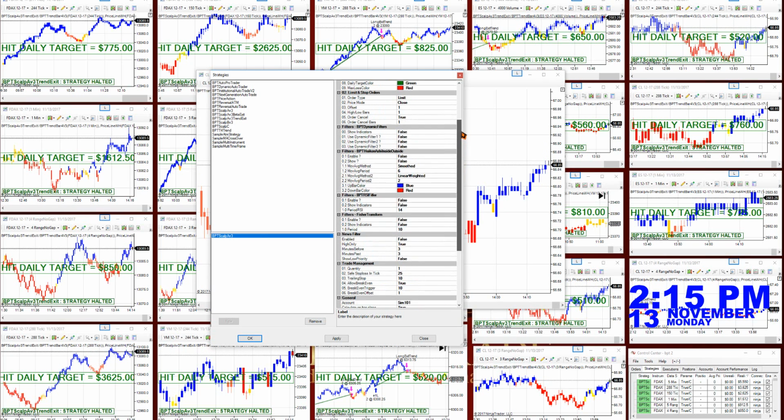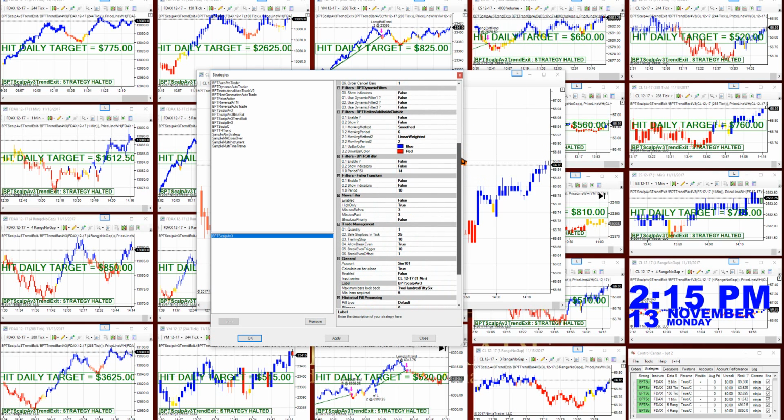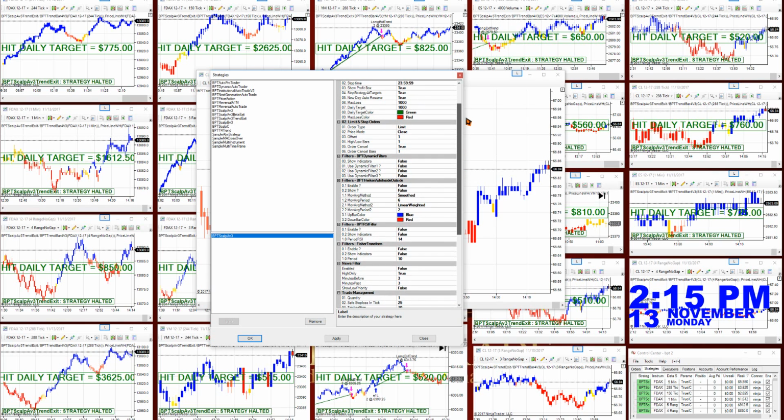Then we added some filters. But most of the problems here are limit order, stop, or market order. And on the price mode, you can go on the close of the bar or the high and the low of the bar.